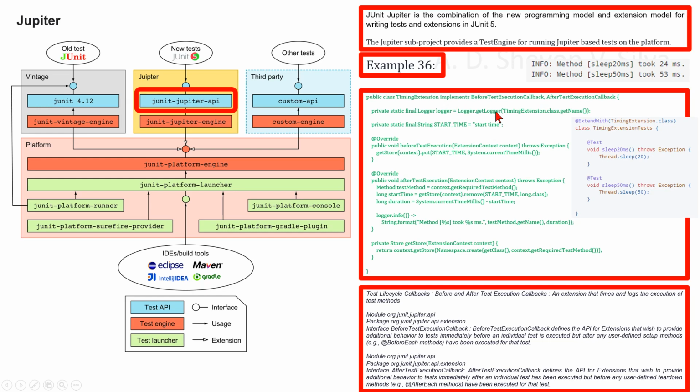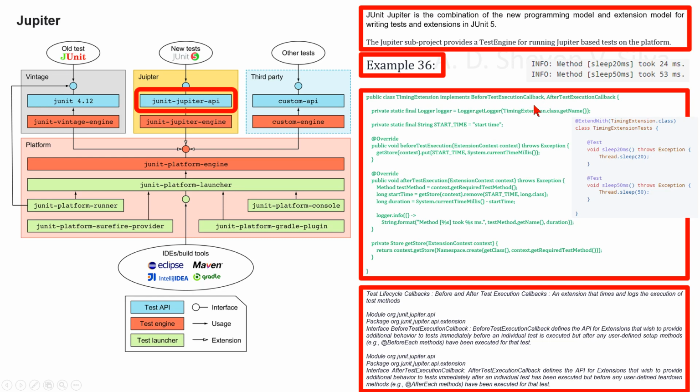The following example shows how to use these callbacks to calculate and log the execution time of a test method. The TimingExtension implements both BeforeTestExecutionCallback and AfterTestExecutionCallback in order to time and log the test execution.